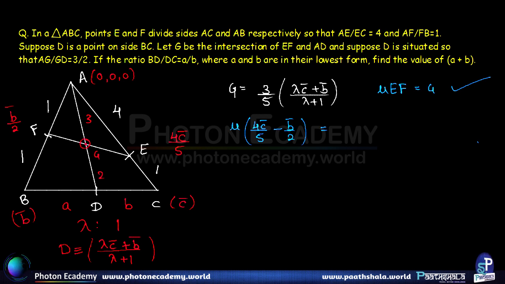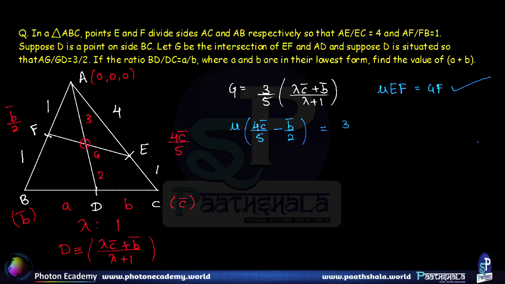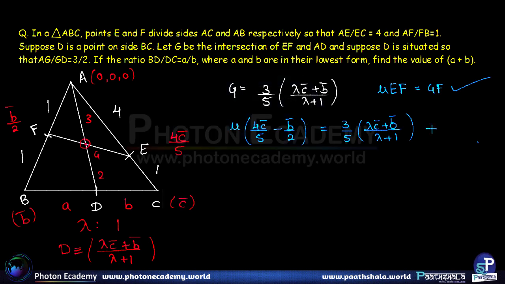It's just for our convenience. So GF. And then G is 3 upon 5 lambda C plus B upon lambda plus 1. This is G, and F is B by 2.